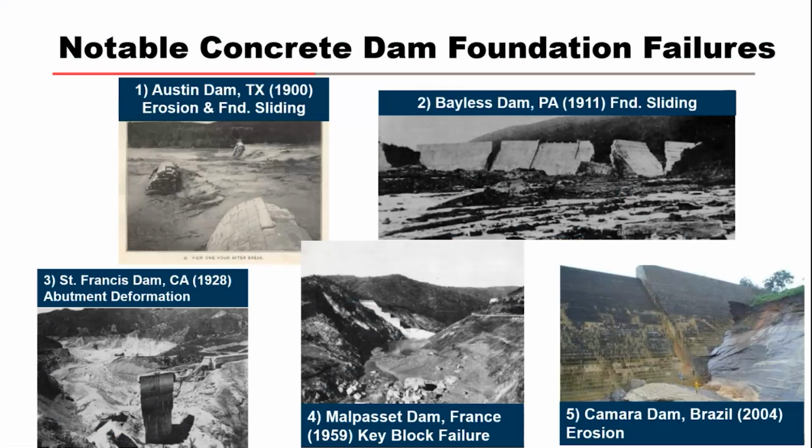St. Francis and Malpasset dams failed due to abutment deformation or block failure. And Camara Dam failed along a shear due to erosion of material from that shear. I'm going to provide you some more details about the Malpasset Dam failure and the Bayless Dam failure.